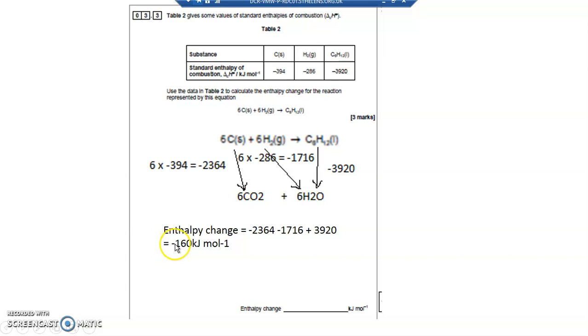I've got equals, and this will be in joules. Then I divide by 1,000 to get it into kilojoules, or actually it doesn't ask for it in kilojoules.